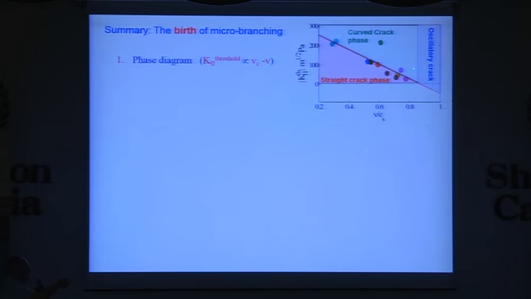We've characterized the size of the kick necessary to cause a straight, simple crack to become unstable. And as this crack gets faster and faster, the size of the kick needed to drive it unstable becomes smaller. At a critical velocity, at very high velocity, an infinitesimal kick will actually drive this to become oscillatory.